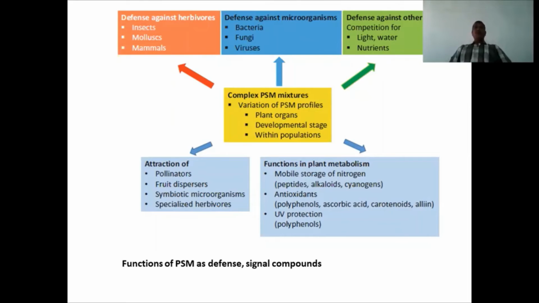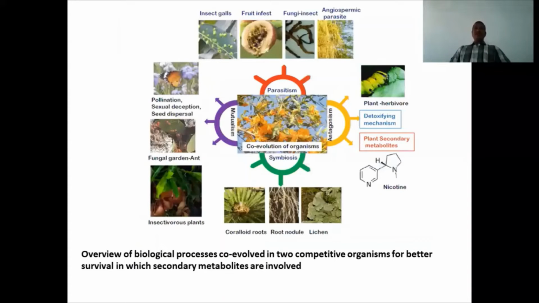So here is the overall picture where you can see how the secondary metabolites play an important role in various mechanisms, like pollination, and how some ants attack the plant species. These secondary metabolites also help in defense against ants.